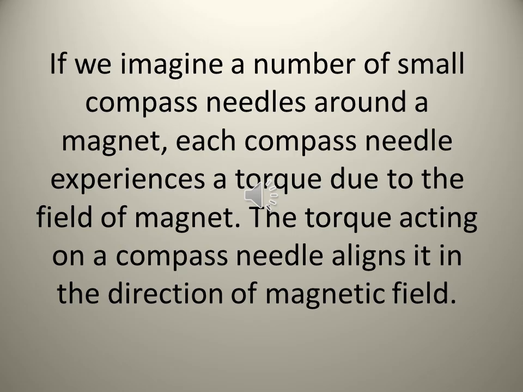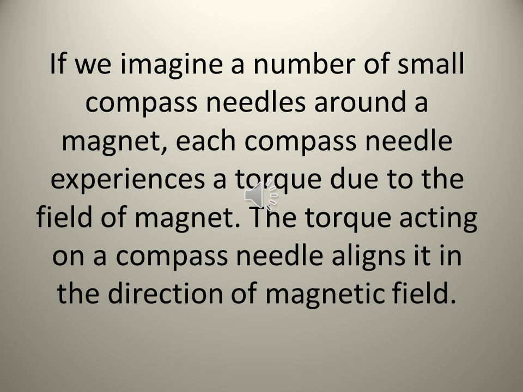We can find the direction of magnetic field lines with the help of a compass. If we imagine a number of small compass needles around a magnet, each compass needle experiences a torque due to the field of the magnet. The torque acting on the compass needle aligns it in the direction of magnetic field.